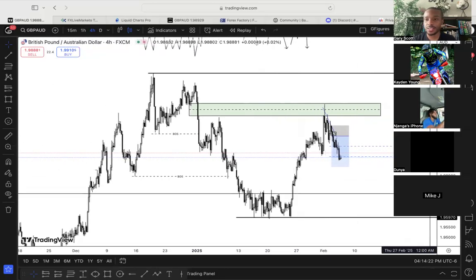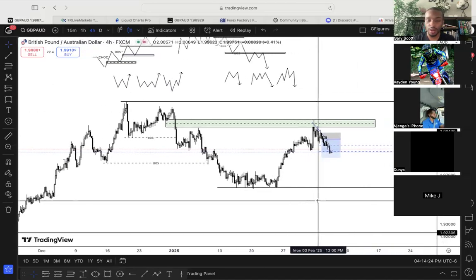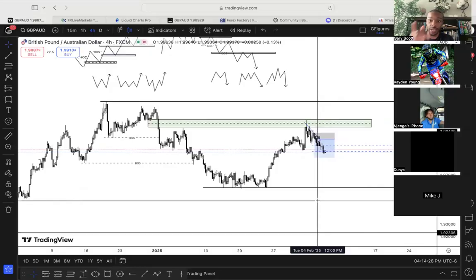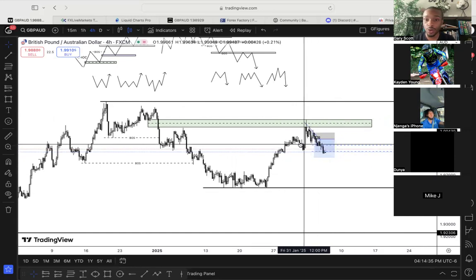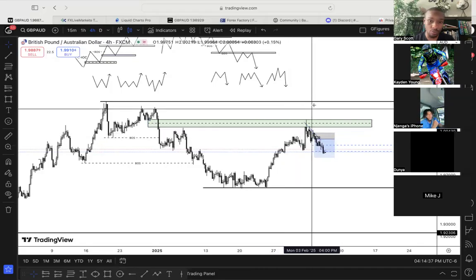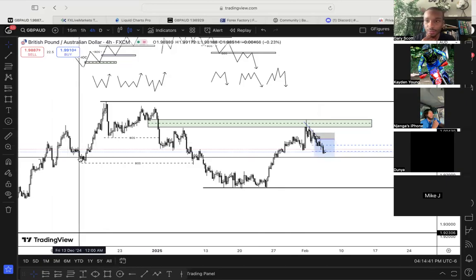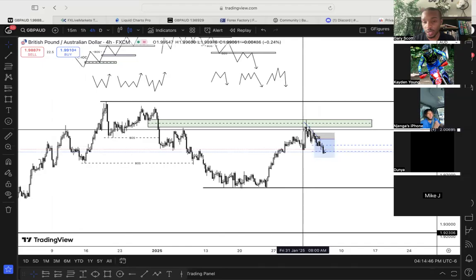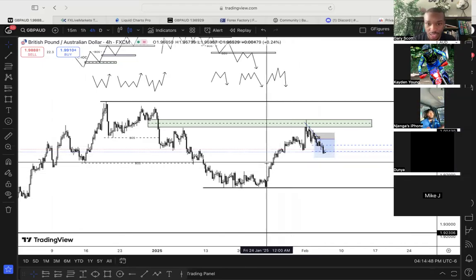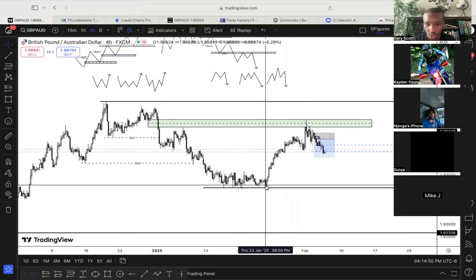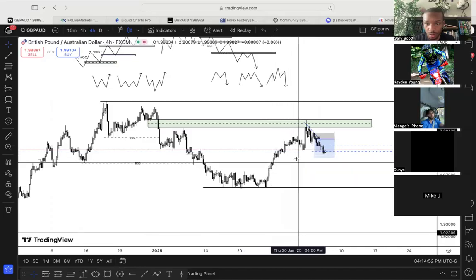Here's my trick, guys, to answer that question, Mike. Here's my trick to knowing how I knew that price was going to fall down again before it did this, and it didn't continue to go up. I understood what it did on the back end, and the back end was more significant than what this was doing. And not only that, but you guys see how price doesn't show any structure over here.